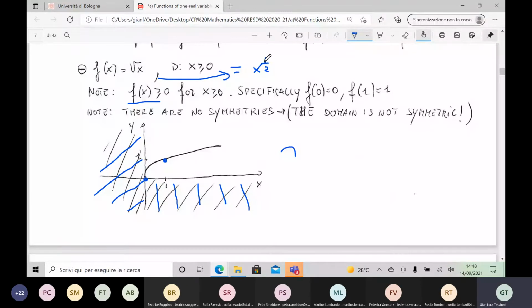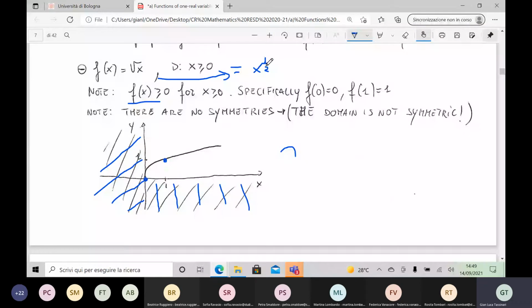And I want you to stress something more: the denominator in the exponent is an even number. So I repeat, an irrational function can be written also as a power function, with a rational exponent in which the denominator is even.